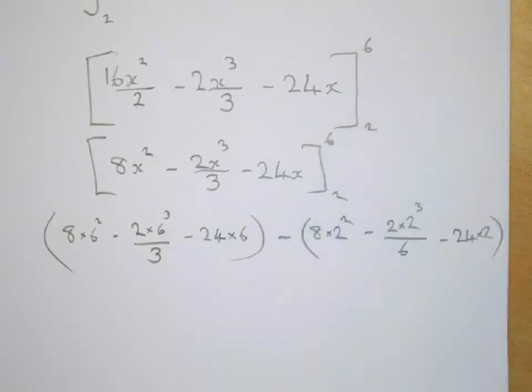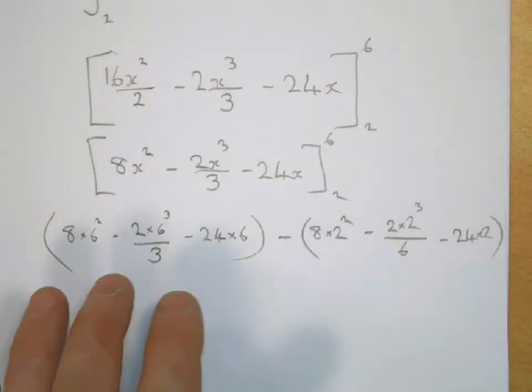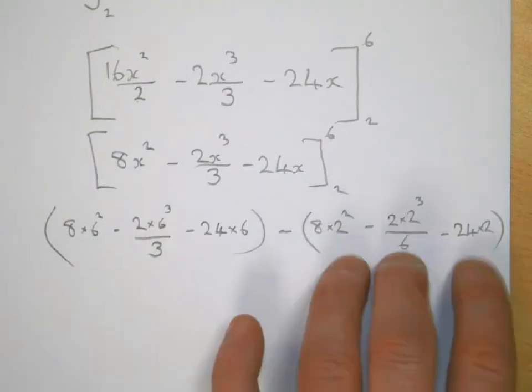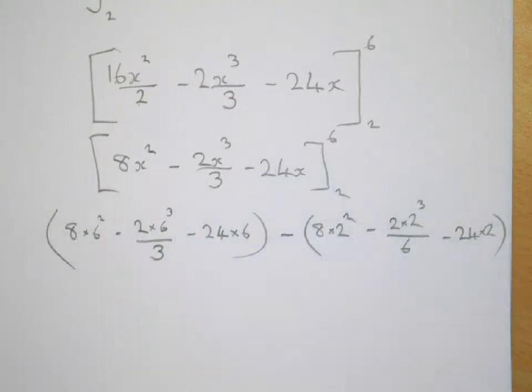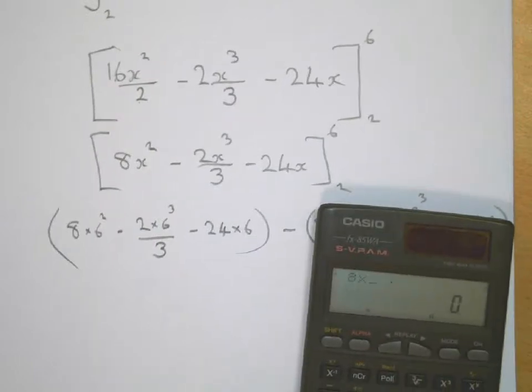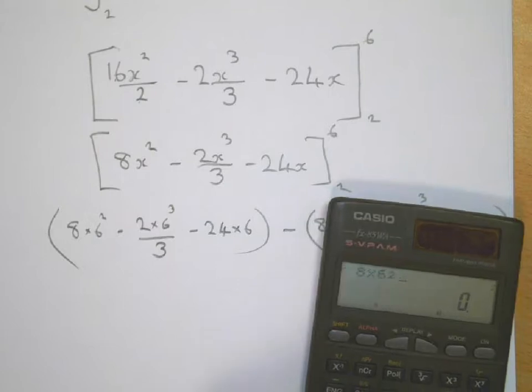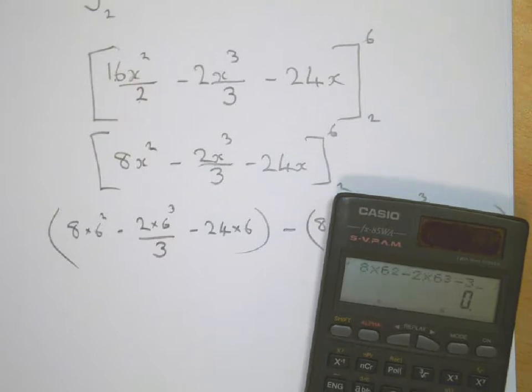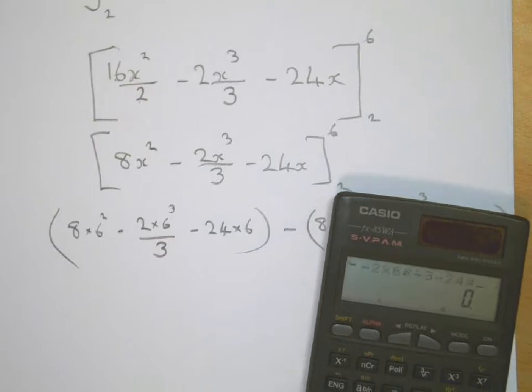Now the best way of doing these brackets is not just trying to get one answer in one go, you do this bit first and you get an answer for this, then you take away the answer for this. So I'm going to put that into my calculator first of all. 8 times 6 squared, take away 2 times 6 cubed divided by 3, take away 24 times 6. Gives a 0.